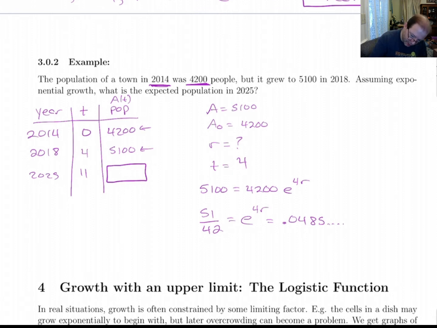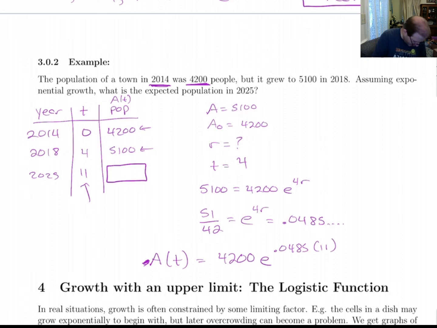So the question is, when t is 11, A of t is going to be 4,200 e to the 0.0485 times 11.